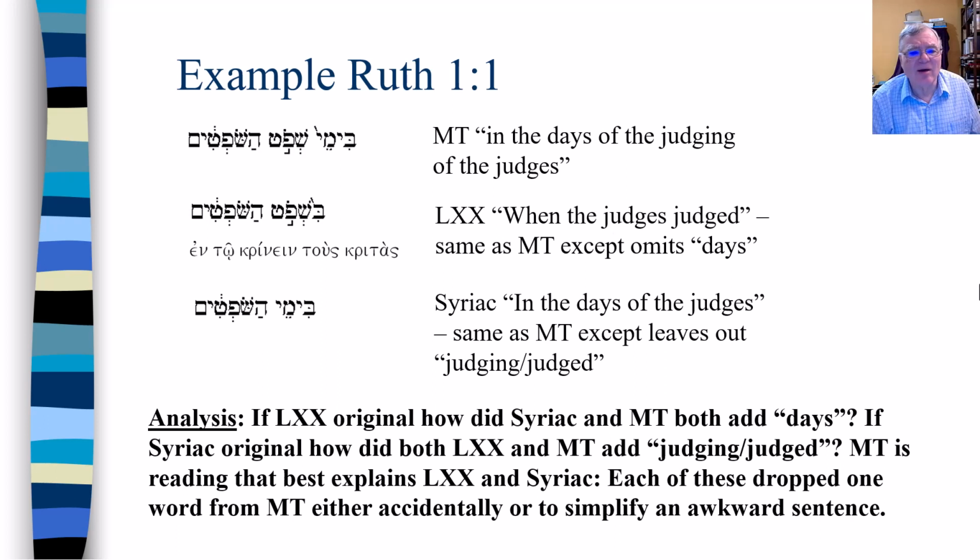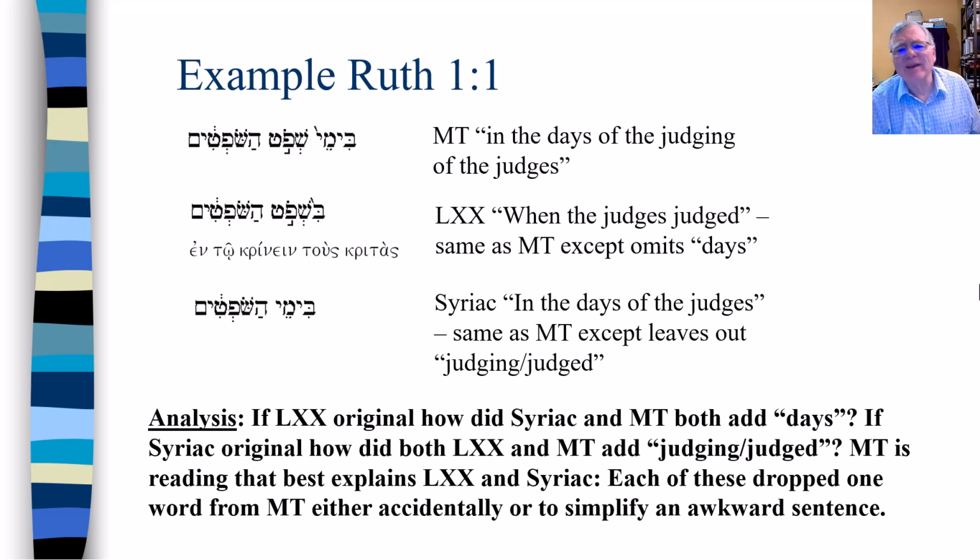In the case of the Syriac, it either had a text that lacked the word judging, the infinitive construct shafot. It either lacked that word, or they just thought it a little clumsy, in the days of the judging of the judges, and so they paraphrased it a bit, in the days of the judges, to simplify.